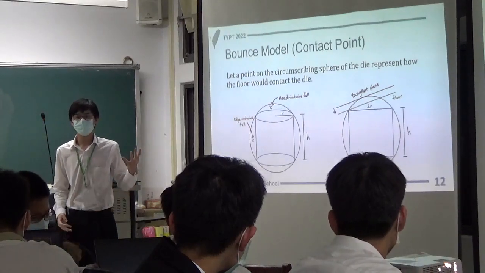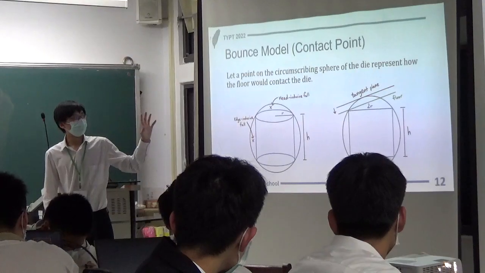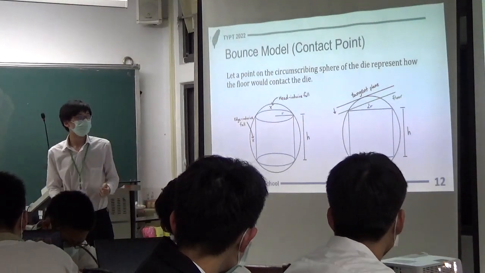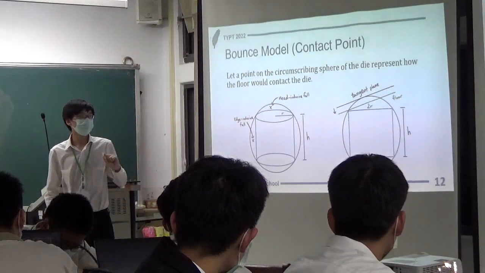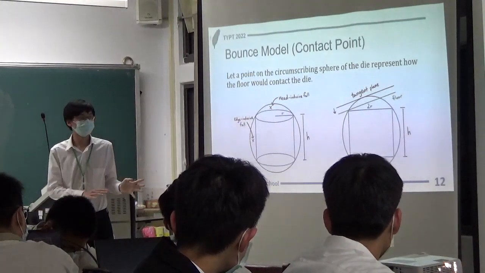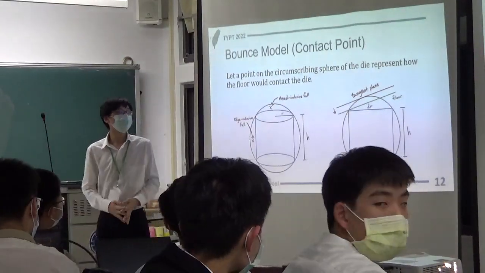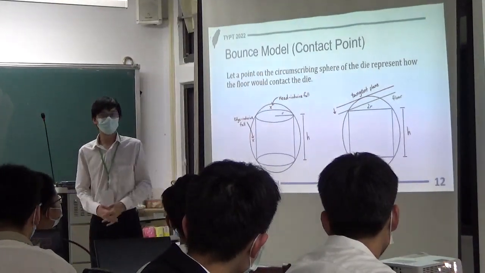Okay, and to figure out these values of P, we'll use the circumscribing sphere of the cylinder. So if we were to choose a point on the sphere at random, this point could represent a head-inducive or an edge-inducive fall. So for example, we chose the point on top, right? And then that would correspond to a tangent plane as shown on the right image.